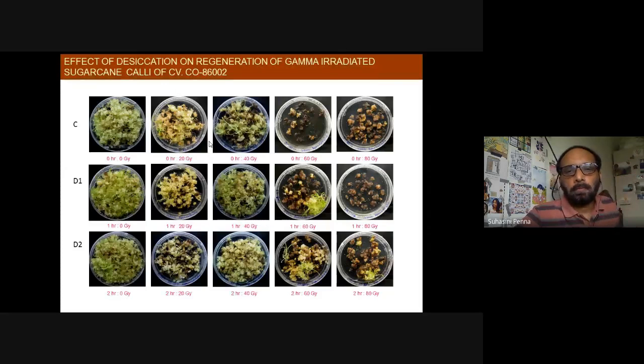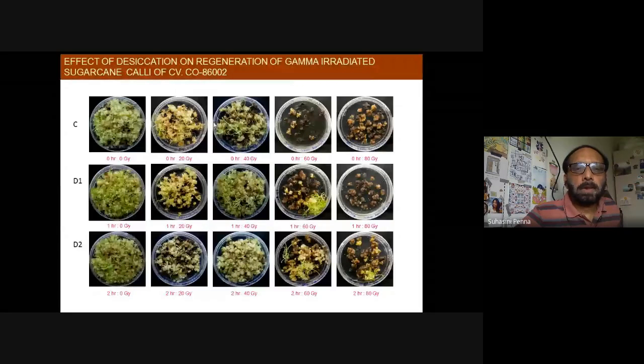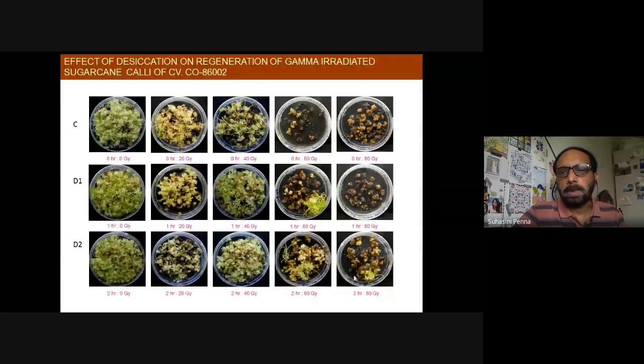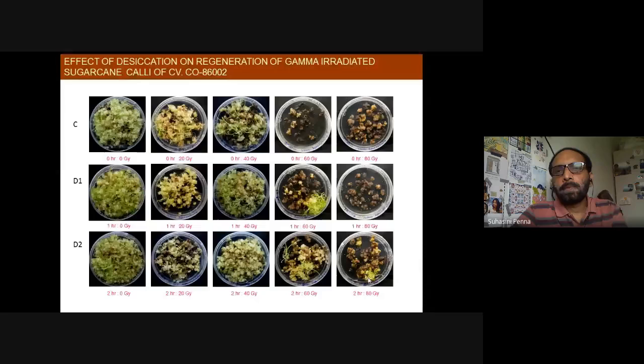So what we have done is try to improvise some of the in vitro methodologies by which we can improve regeneration even at very high irradiation doses. Here you can see even at 60 gray or 80 gray, some low frequency regeneration is happening, as compared to no regeneration or death of callus at 80 gray.